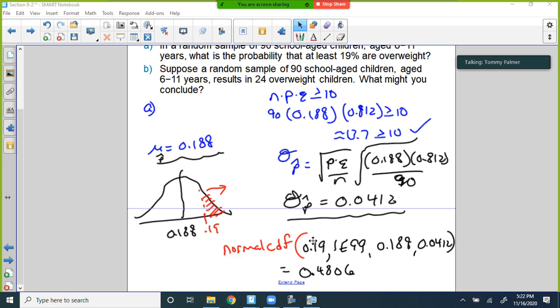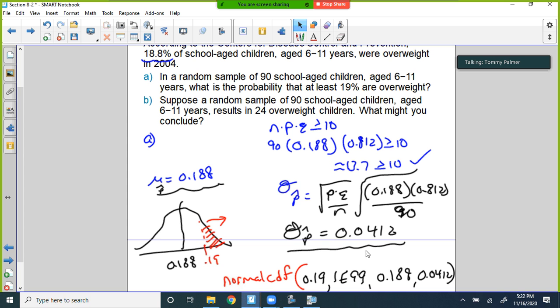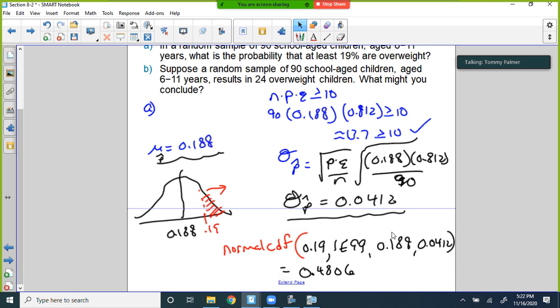So we would say that 48% of the sample of 90 school-age children would be at least 19% overweight, from that claim.